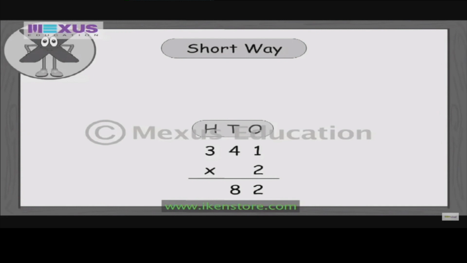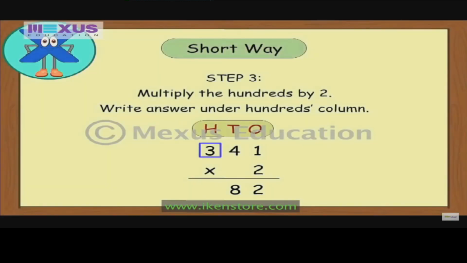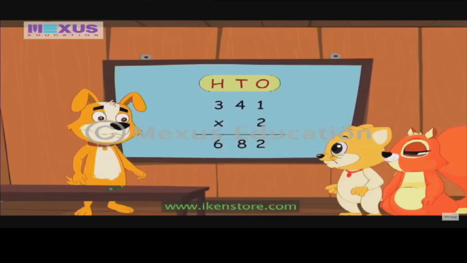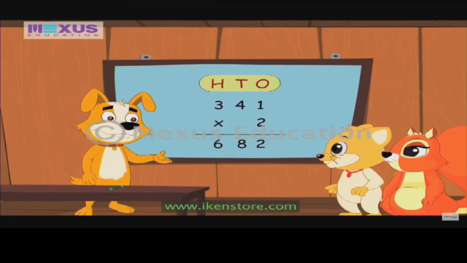Lastly, multiply the hundreds with the 1-digit number and write the answer below the hundreds column. 2 times 3. Correct. So the answer comes out to be 682.